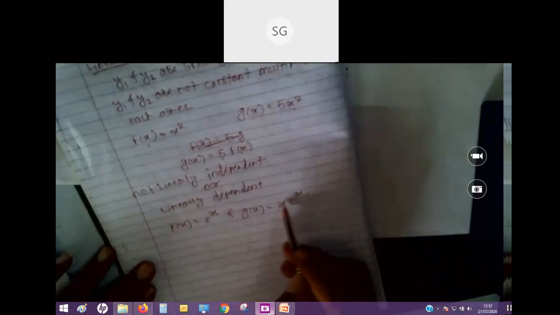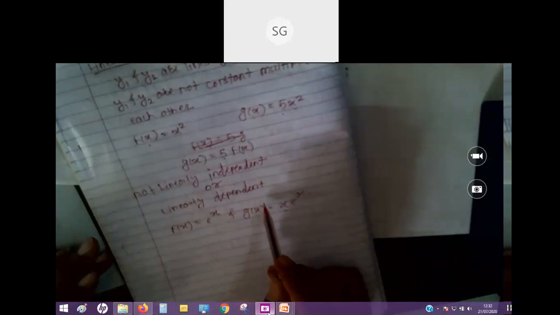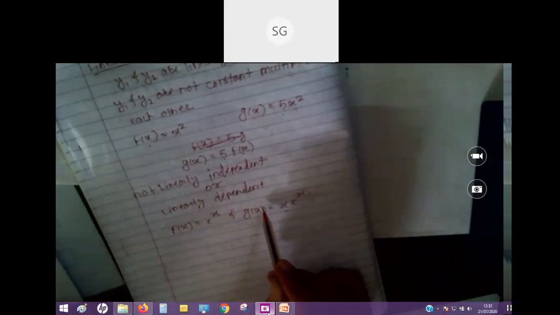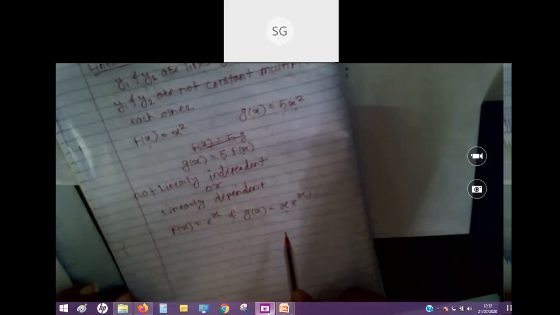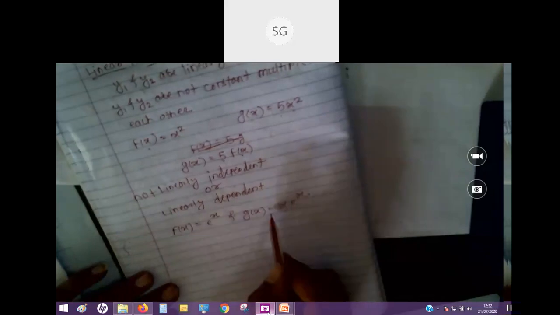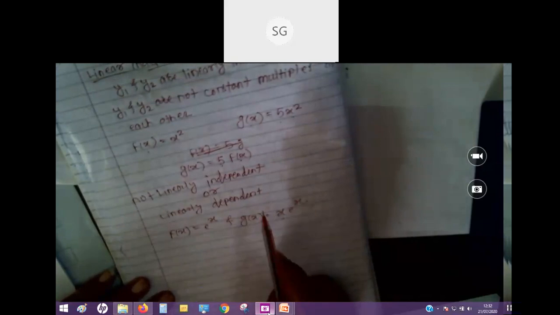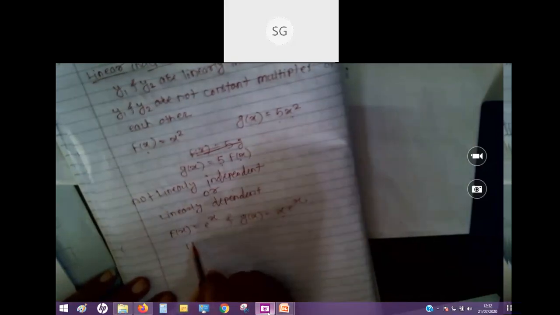When x changes, e raised to x changes, and g of x will not change in the same proportion, because x into e raised to x is there. So these two are not constant multiples of each other. That's why we say these are linearly independent.